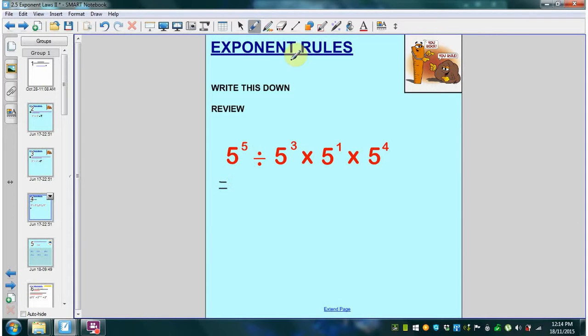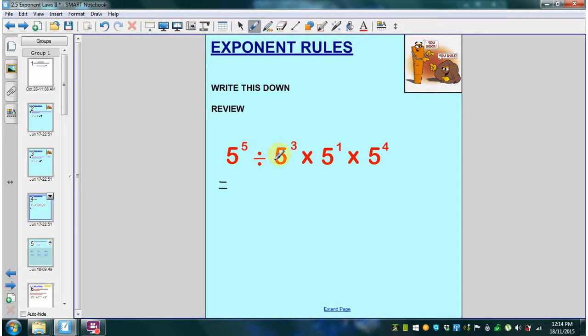We're using those first two exponent rules. We have 5 to the 5 divided by 5 to the 3 times 5 to the 1 times 5 to the 4. We have all bases of 5, so we can use those first two exponent rules to write this as one power. I'm not going to do it all at once, I'm just going to do it by section.